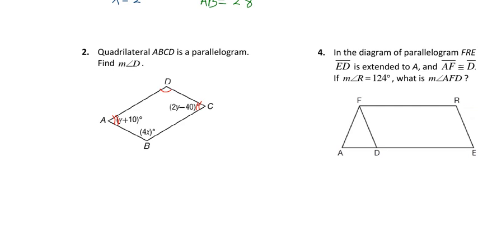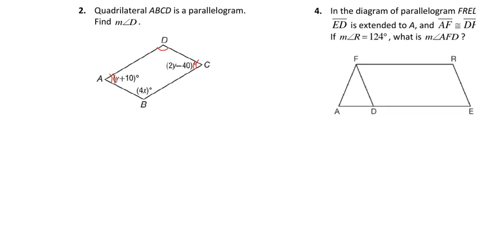So the equation would be measure of angle C equal to measure of angle A, because there is a property that says that opposite angles of a parallelogram are congruent.